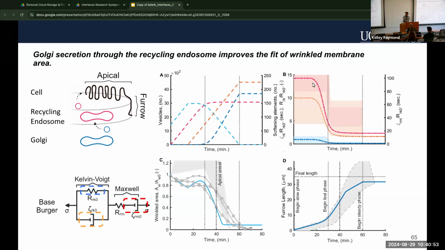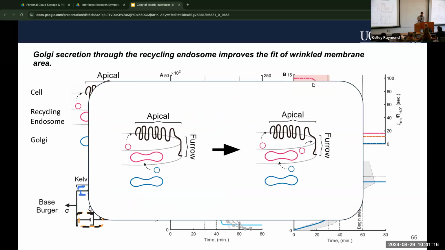And when we look at our velocity plots, or our length versus time plot, we have a slow phase, fast phase, and stalled phase. We also have this sort of slower decay region where we actually run out of membrane in our apical surface, and we're reliant on just how fast those vesicles can be delivered. It's no longer the cytoskeleton controlling it. It is now the vesicle delivery rate.